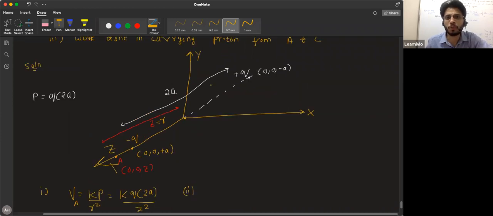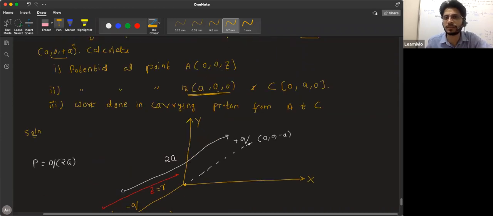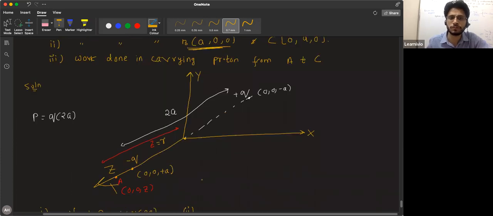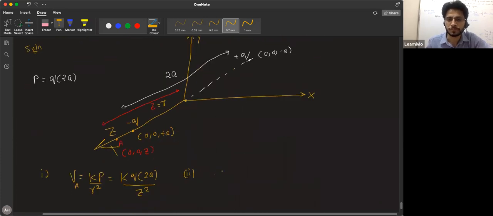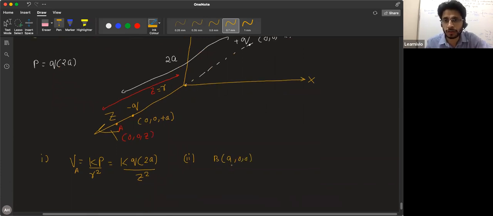Miraj, on which axis does this point B lie? No, sir, it's the z-axis. Minashi, on which axis does this particular point lie?